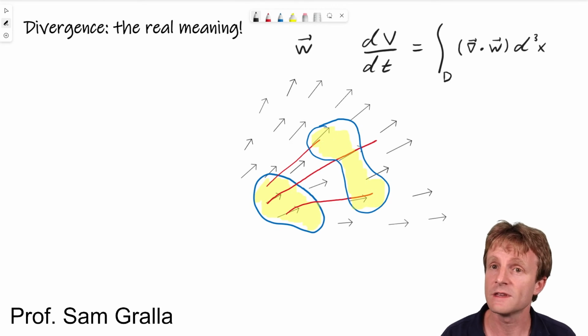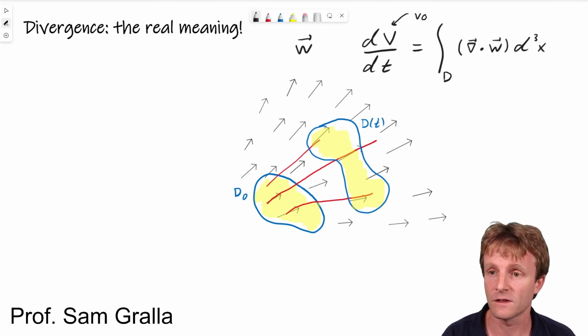And so if these regions are called D, this one here will be D0 for the initial region, this one here will be D at time t, then the claim is the volume V of these regions obeys an equation. Its change in time has to do with the divergence of the vector field W integrated over that region.